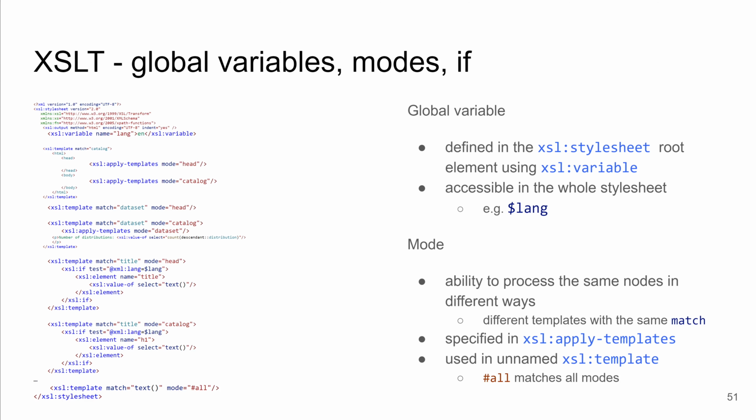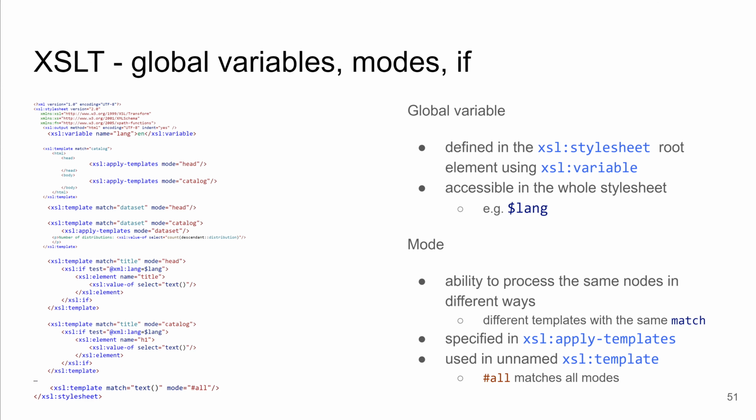So in the upper half of the example, you may see that in the HTML head, we apply templates in the mode head, and then in the body, we apply templates again, but this time in the mode catalog. And then we have a dataset template that matches in the head mode, and we have another dataset template which matches in the catalog mode.